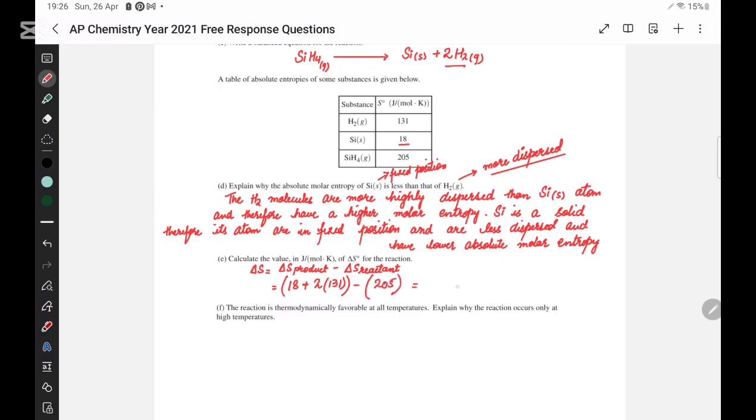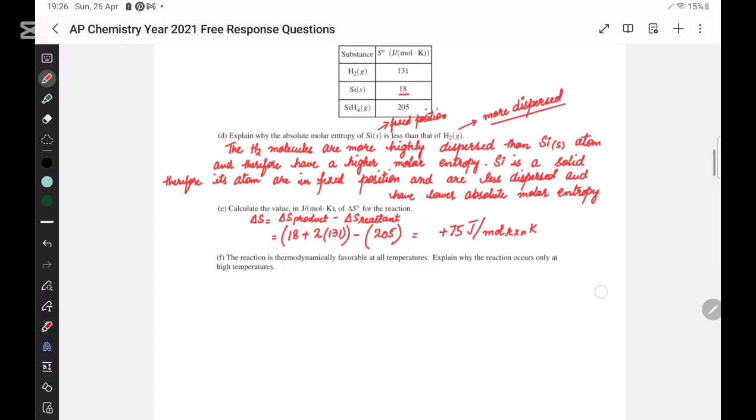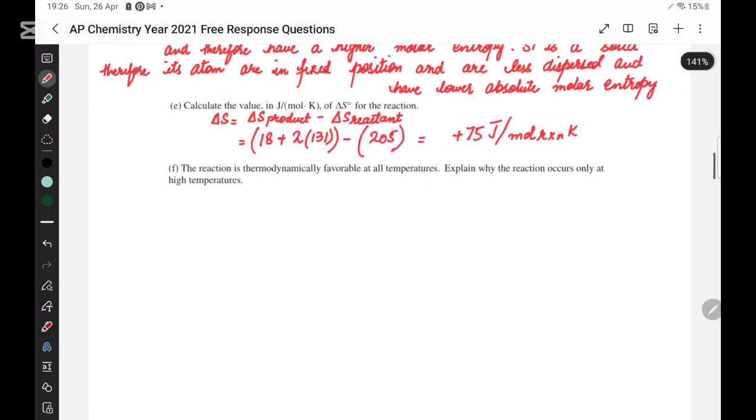So the answer comes out to be plus 75 joules per mole of reaction Kelvin.